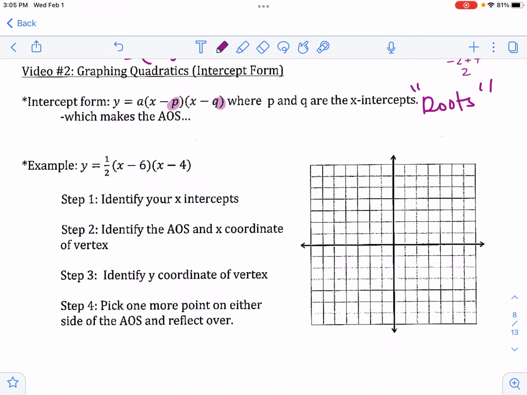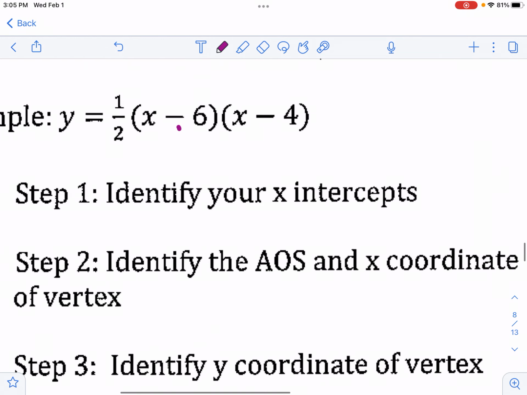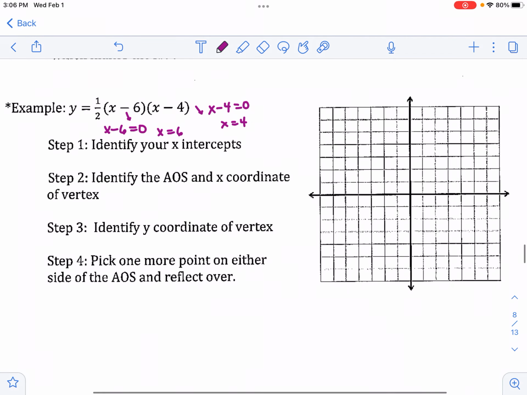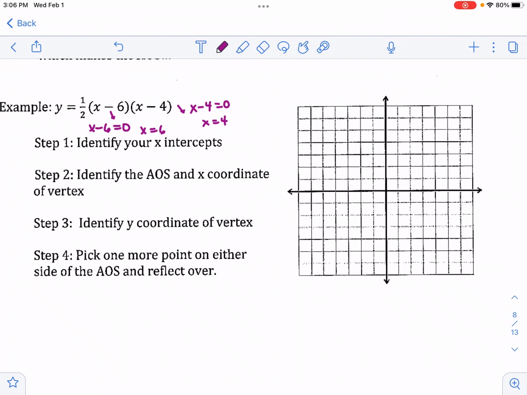All right, so taking a look here, to find my roots, I got my mini algebra problems. Okay, so if x minus 6 equals 0, I can add 6 to both sides, and x equals 6. In this next problem, if x minus 4 equals 0, I add 4 to both sides, and x is 4. So my two roots are at +6 and +4.